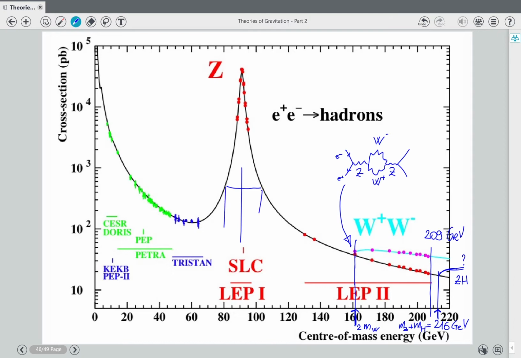And so basically this size here is 1 over gamma, the width of the Z boson, and that is measured very precisely. And if you want to talk about the lifetime of the Z boson or the Higgs field, that's not measured equally precisely, but it's around 10 to the minus 25 seconds. So these widths are around 10 to the minus 25 seconds.